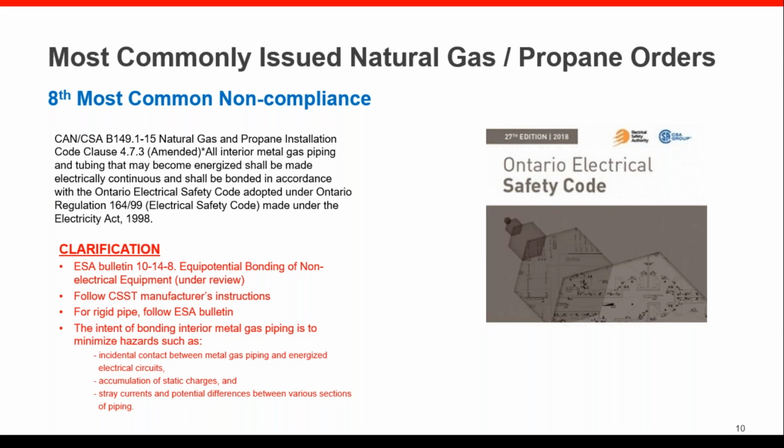And so depending on what you're working with, if you're working with CSST, you have to follow that manufacturer's instructions for now in terms of the bonding. For rigid pipe, it's okay to follow the electrical safety bulletin, but that one is under review, and I'm not quite sure when we'll see a new version of that come out, but just be aware of that.